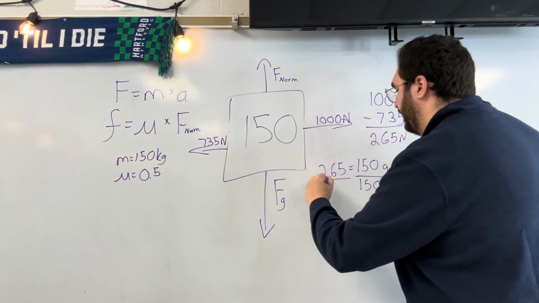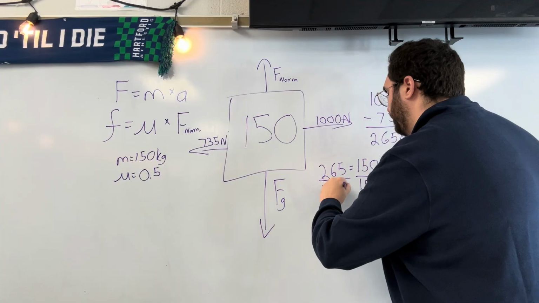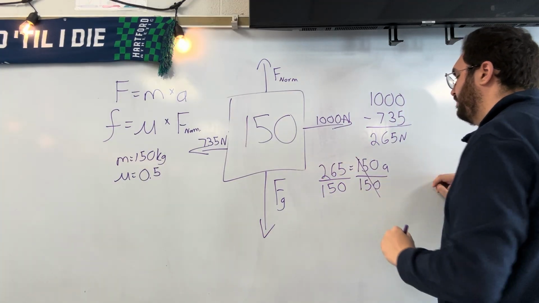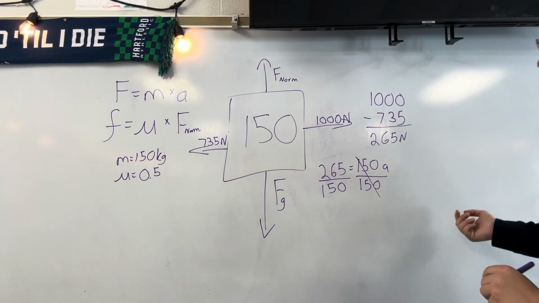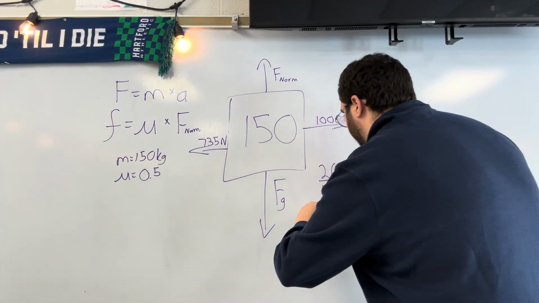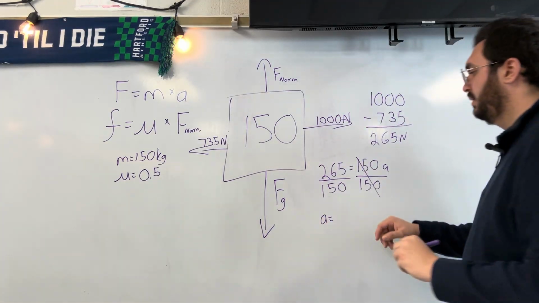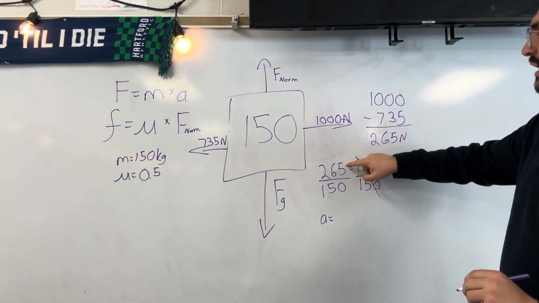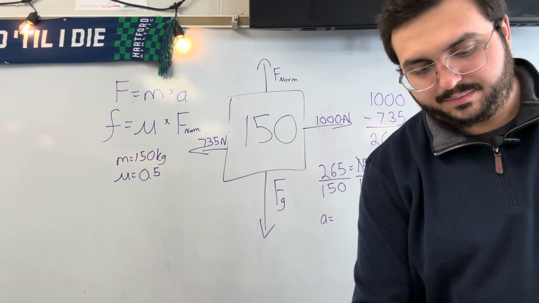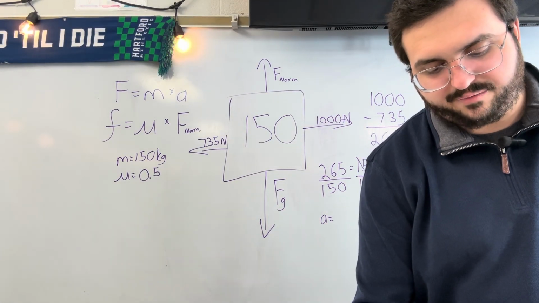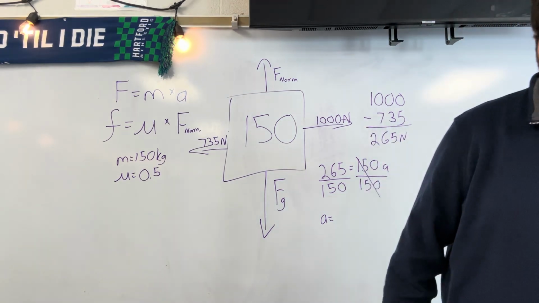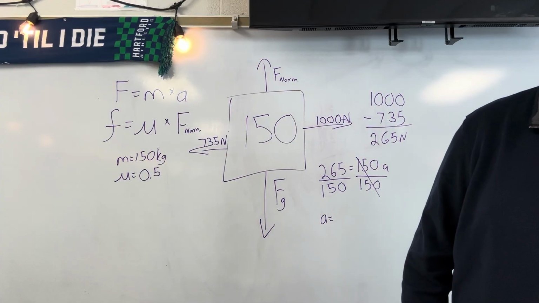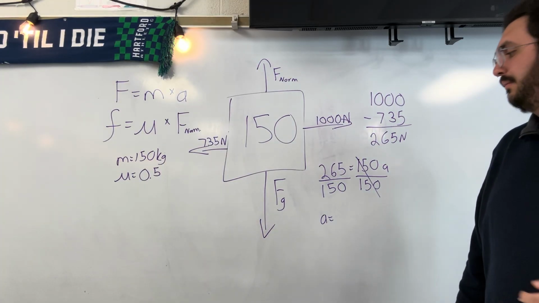So I, in fact, divide both sides by 150. 150 divided by 150 is 1, so that just kind of goes away. And I'm left with a equals 265 divided by 150. When I do that out, I get 1.767 about.